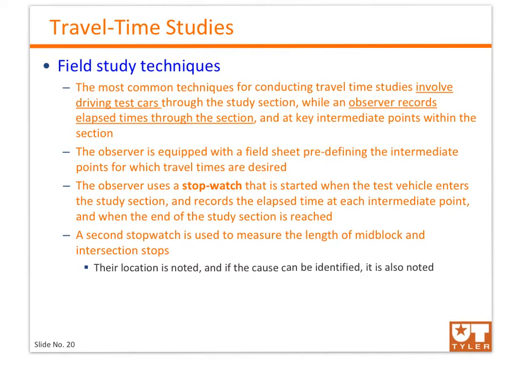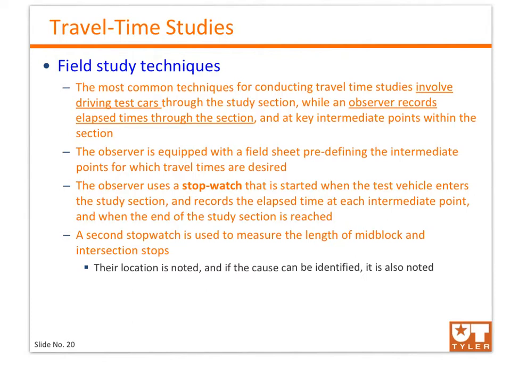So what are the field study techniques related to travel time studies? The most common technique for conducting travel time studies involves using a test car driven through the study section, with an observer recording elapsed time through the section and at key intermediate points within the section.